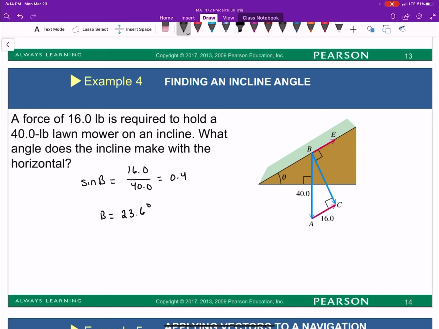So right now we're just using some of those old skills. Make sure you understand what's actually going on.